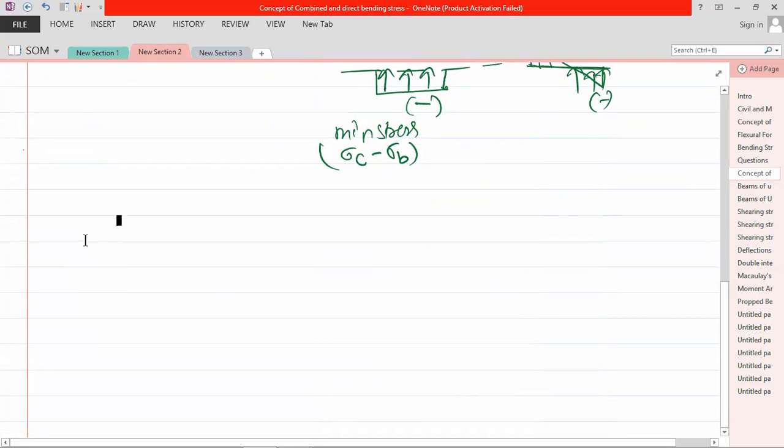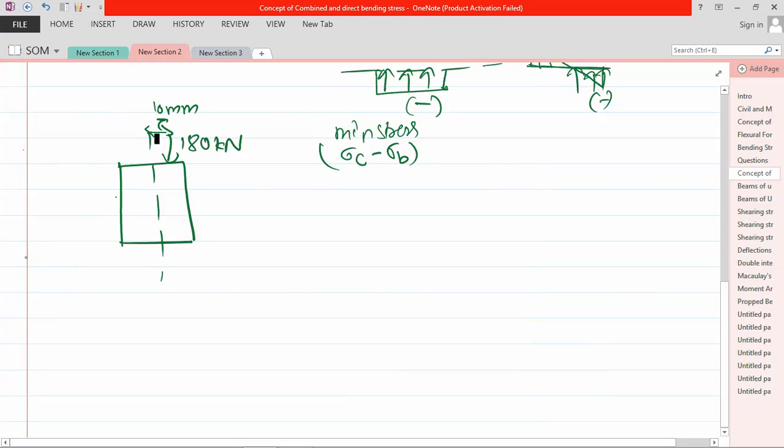Okay, I am explaining it through a question. Suppose a load is given, this is not the neutral axis. A load of 180 kilonewton is acting. Eccentricity is 10 mm, which means this distance is 10 mm.